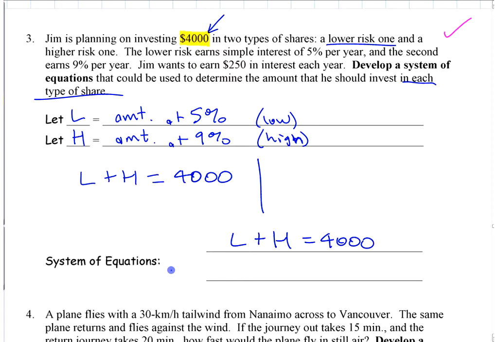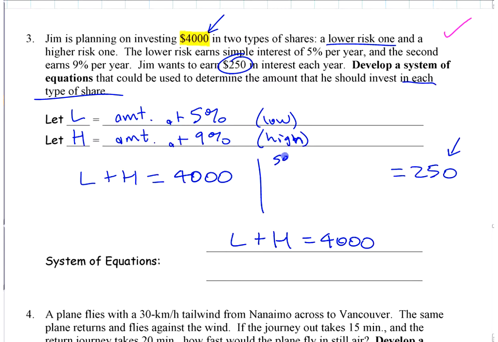What's the other thing? There's this 250. How do you get 250? If something adds up to 250, would it be correct to just say L plus H equals 250? No, it wouldn't, right? Because the two amounts don't add up to 250. That's the interest, right?